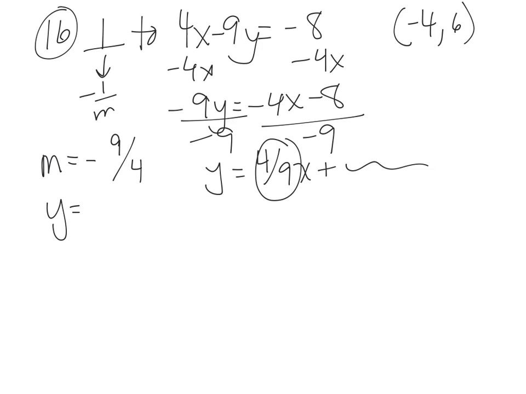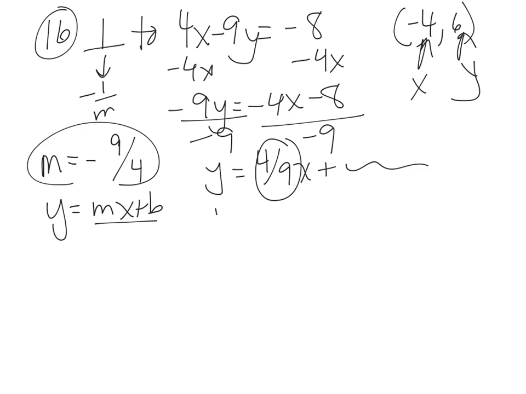It already writes the y equals, so it definitely wants it in y equals mx plus b, and all I have to type in is the mx plus b. So here's my y, here's my x, and here's my slope. So 6 equals -9/4 x plus b. So 6 equals, these 4's cancel.